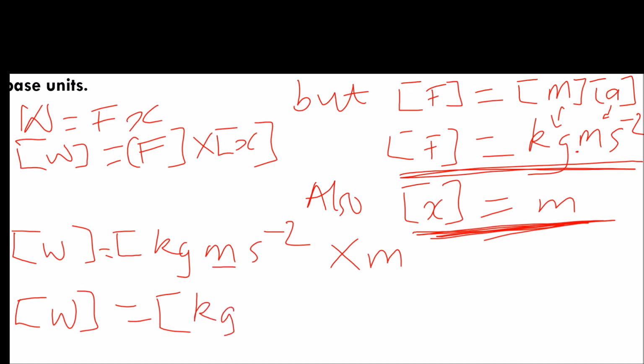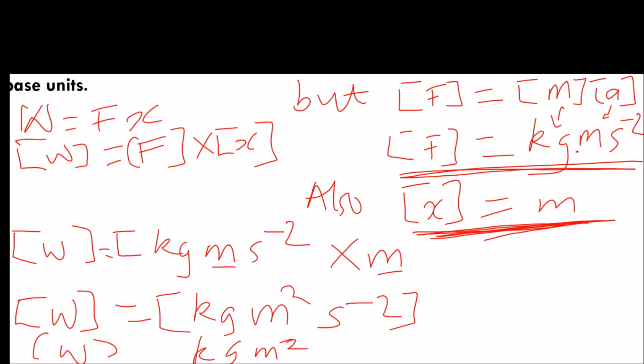Now a meter and a meter here will give us square meters, and we remain with our per second. So the units of work done, putting them together, are kilograms square meters per square second, which is equivalent to a joule, the one you are used to.